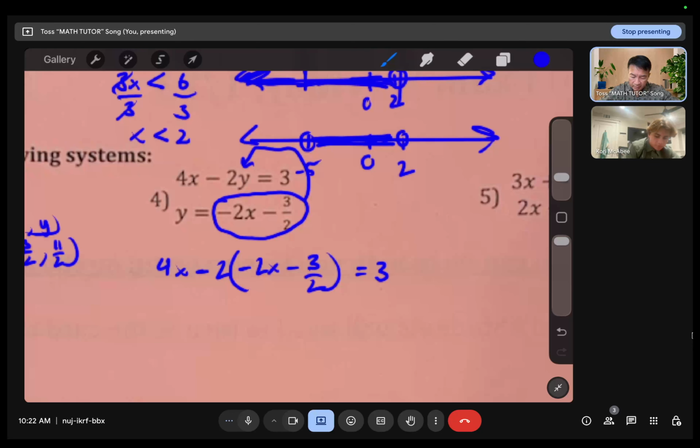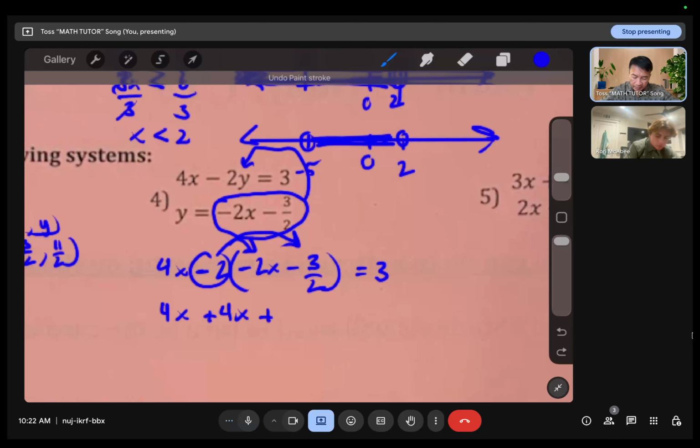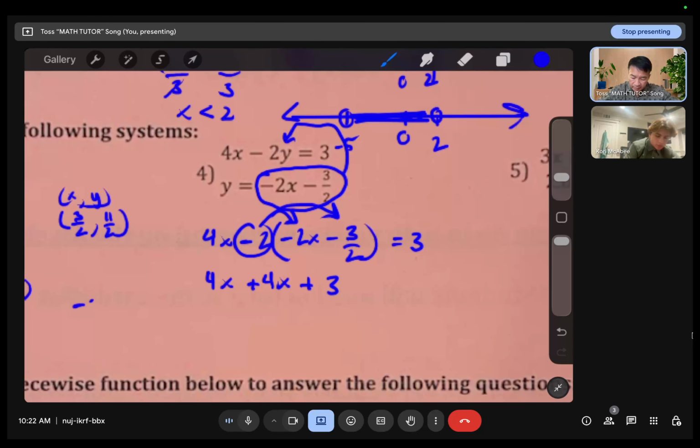Substitution. Okay, continue. Distribute the negative 2. So 4x stays 4x. It'll be plus 4x. Negative times negative is a positive, with a fraction, but the 2 will cancel on the bottom. I hope you can see that. It'll be 3 left. You want to see it? Negative 2 times negative 3 halves.